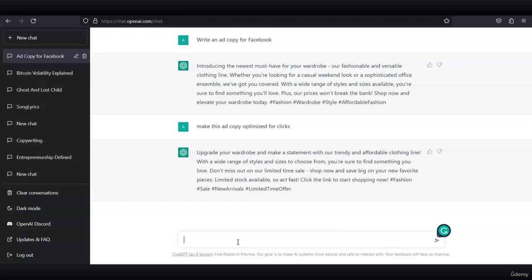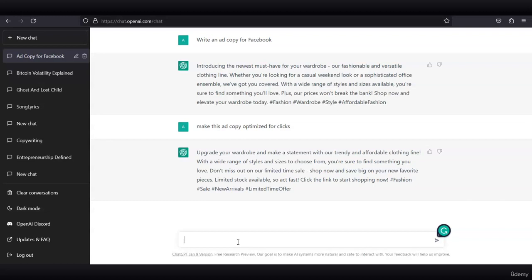So we asked ChatGPT to make this ad copy optimized for clicks, and it changed the language a bit. The ad copy is written in a way that screams urgency to the reader. A user has to act now in order to get the items that they want. So it's a limited time offer.